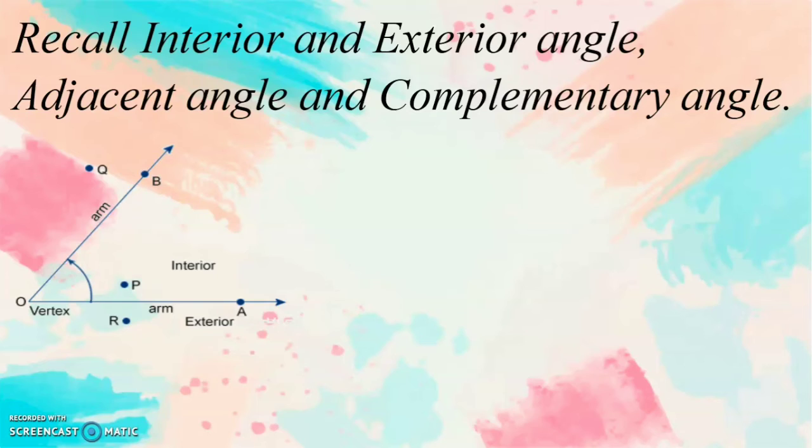That is, point P is in the interior. Points which are outside the angle are exterior points. That is, point Q and point R. And the points which are on the arms of the angle are point B, point O and point A.